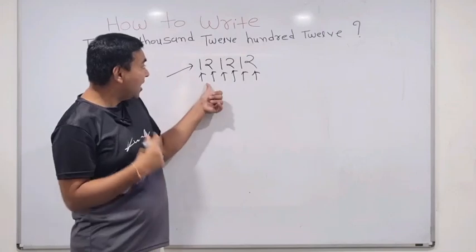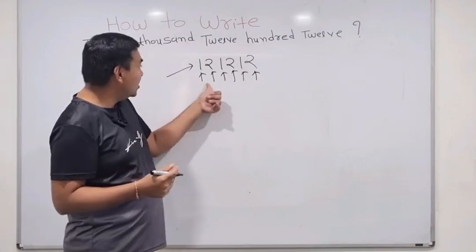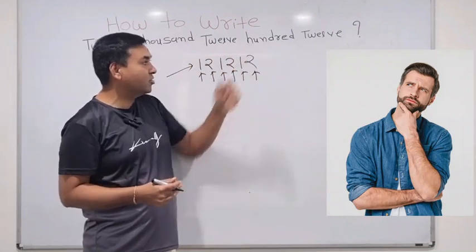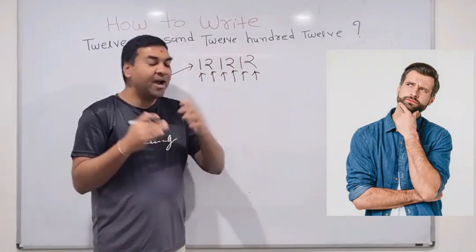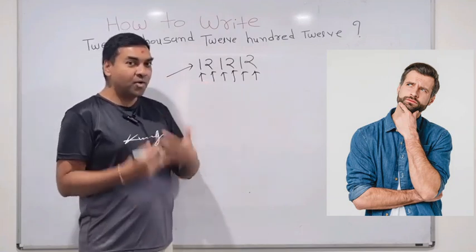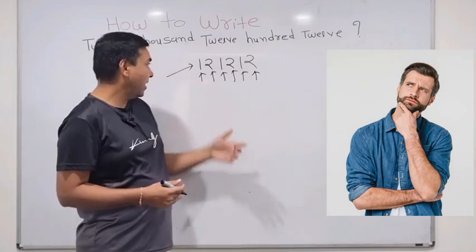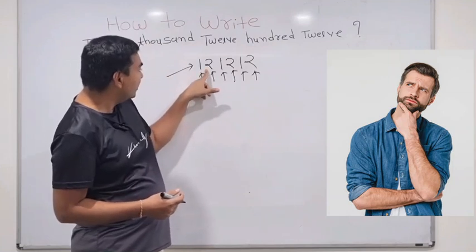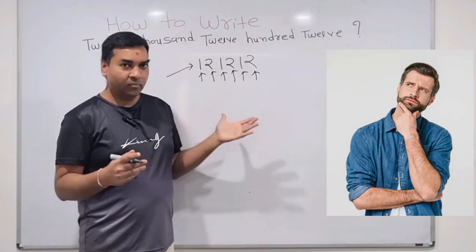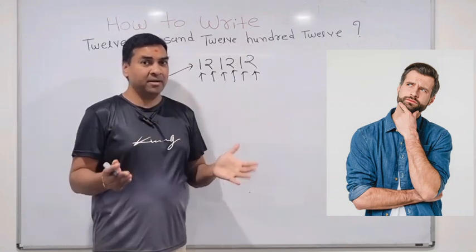So what did I write actually? I have written down 121,212. That was not the deal. The question was how to write down 12,1212. And what did I write down is 121,212.